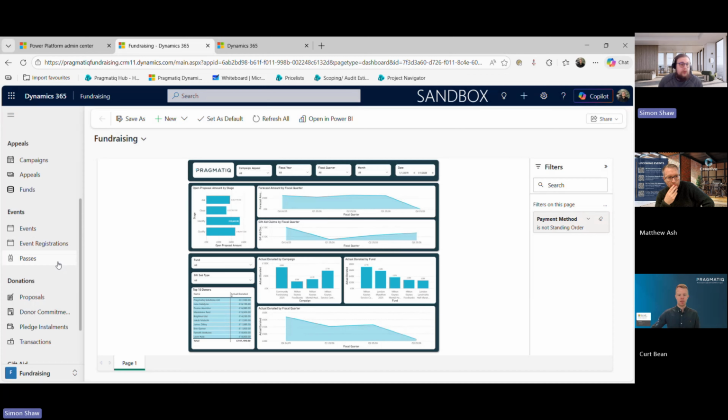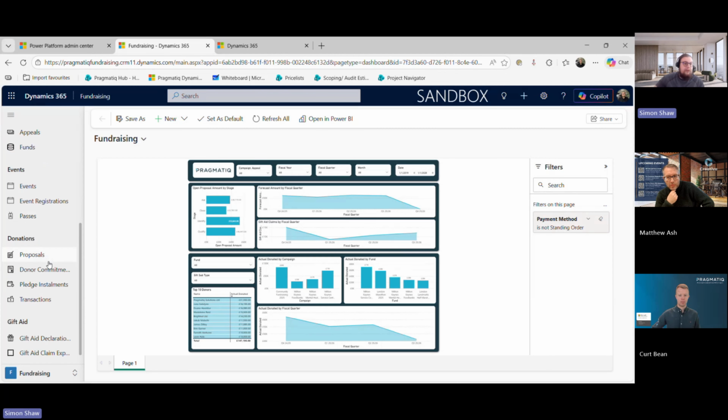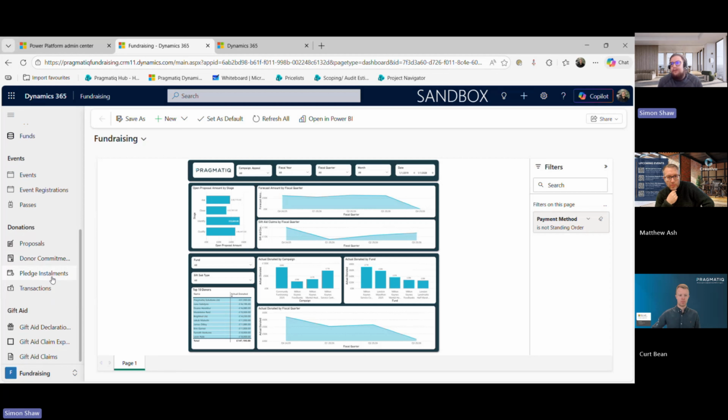There's donor commitments or donation management, managing the pledges that sit behind that, capturing the financial transactions flowing from Business Central, so we can mark transactions as paid or unpaid, and also managing the all-important Gift Aid submissions along the way. Importantly, it's not a standalone solution.